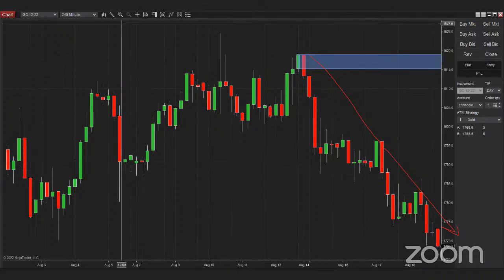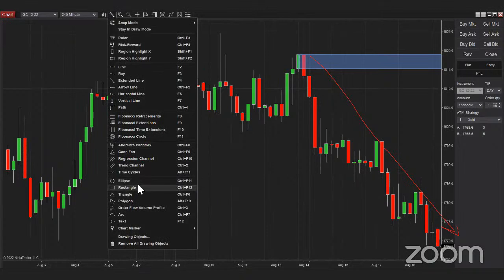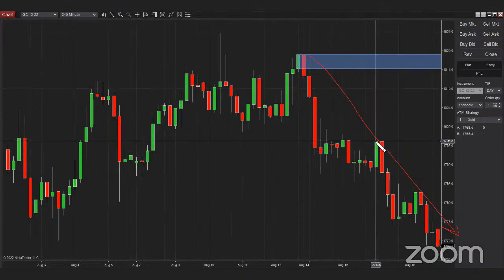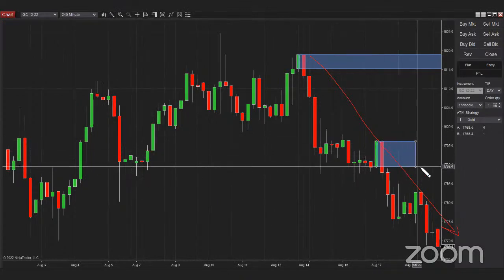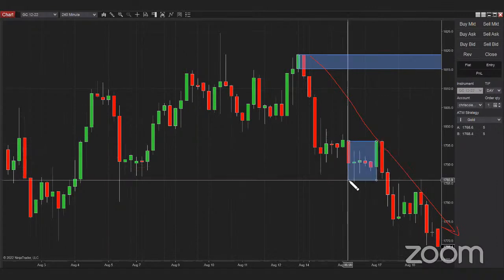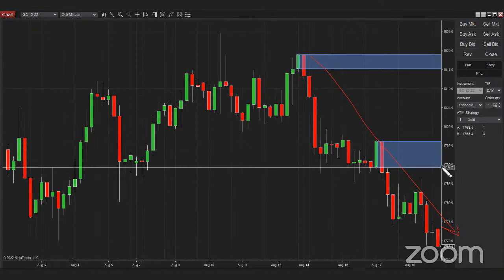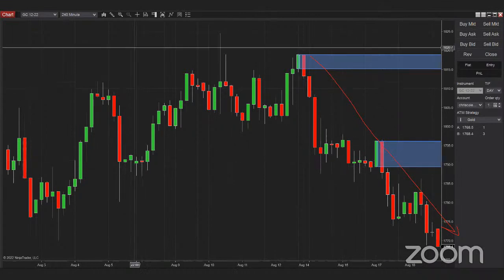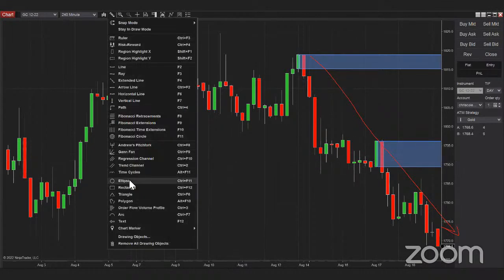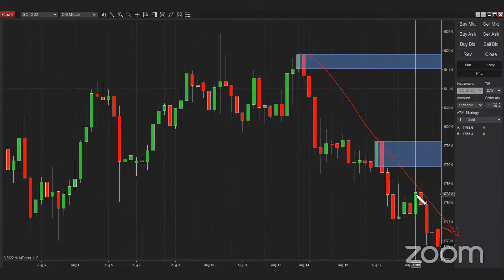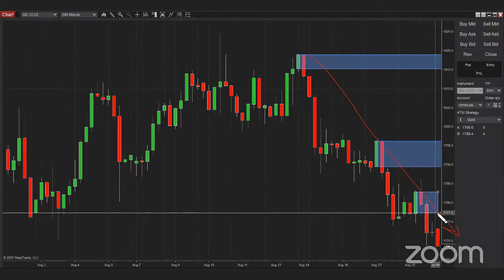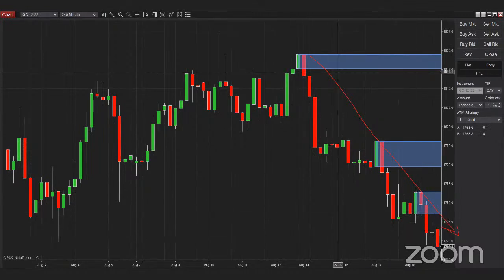Okay. And then I want to mark out another random green candle before the downtrend continued, and my last green candle before the market continued to go lower.